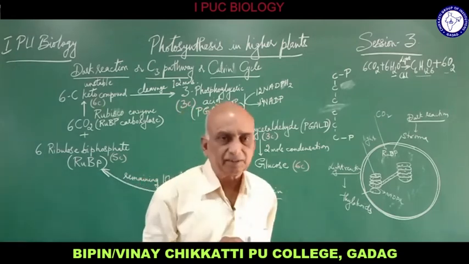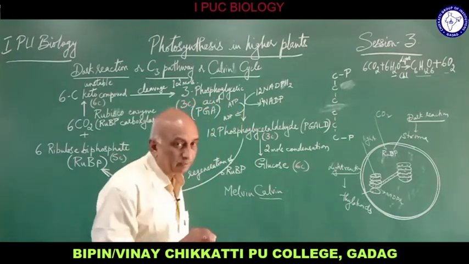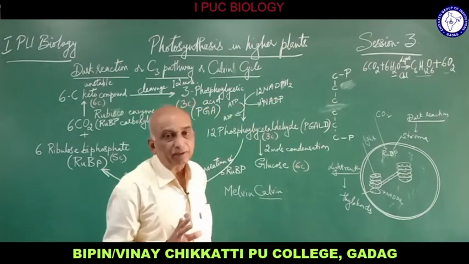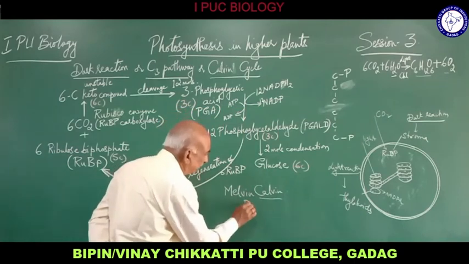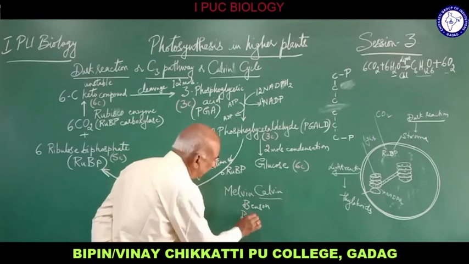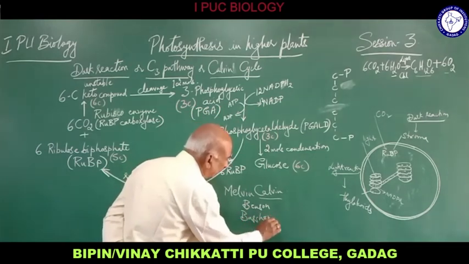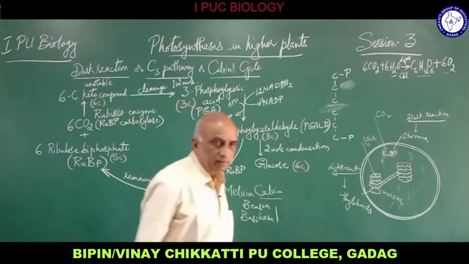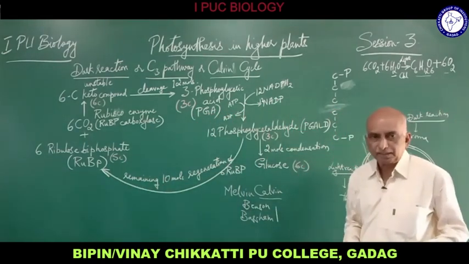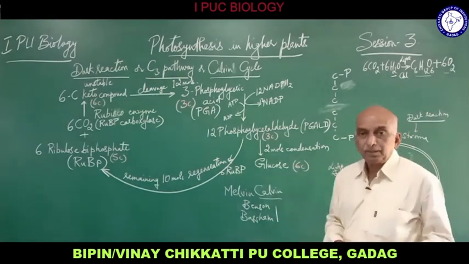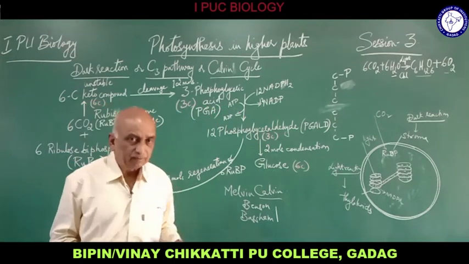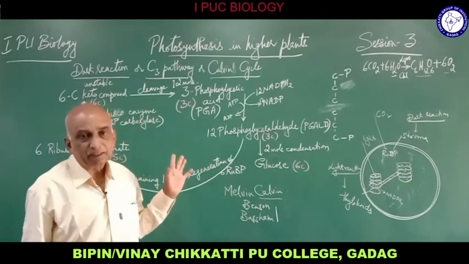And actually it is Calvin's group, not Calvin alone. There are two others who supported Calvin to discover this cycle. Usually we do not mention these two scientists, but we should know that they also supported Calvin for the discovery of the events of the dark reaction, for the intermediates which are formed in the dark reaction.